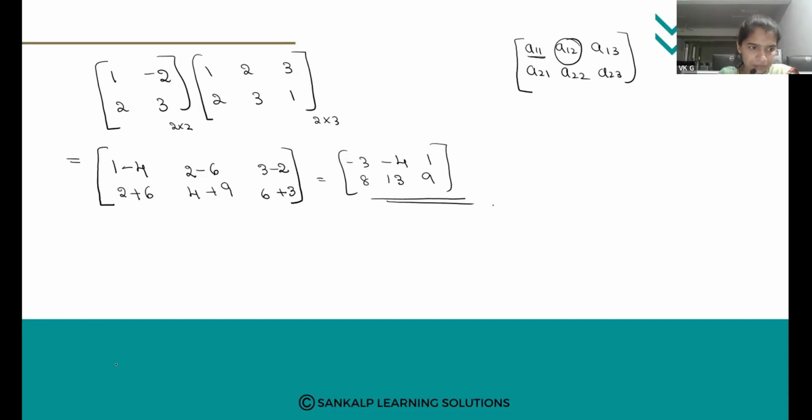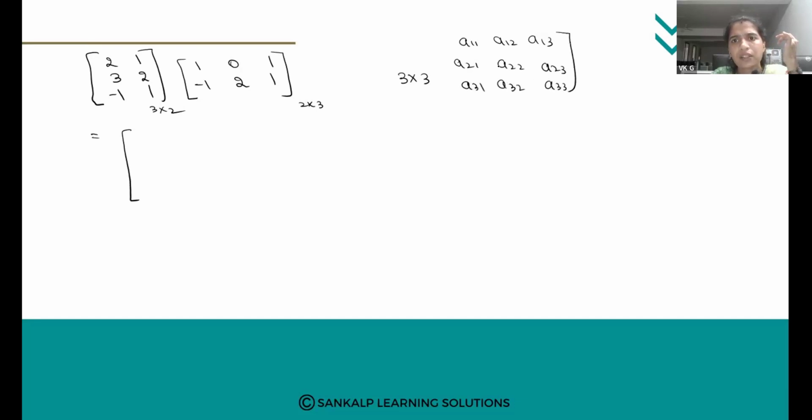One more example. Matrix 2, 1, 3, 2, minus 1, 1 into matrix 1, 0, 1, minus 1, 2, 1. Multiply and see. Order of the first matrix 3 by 2.